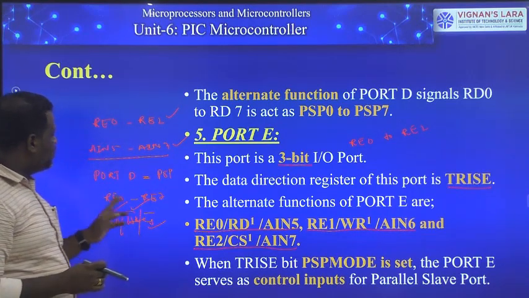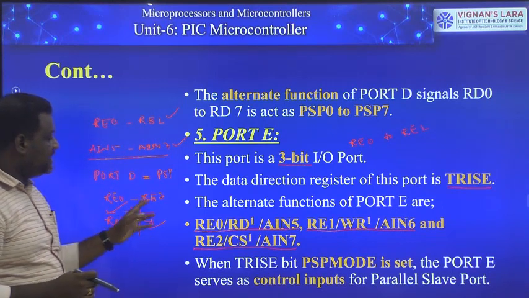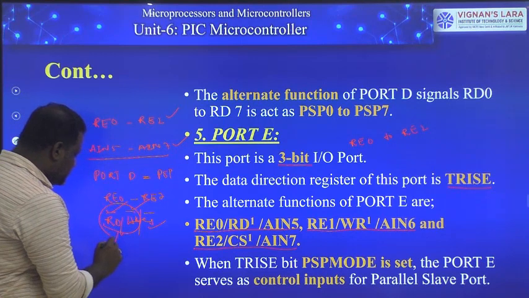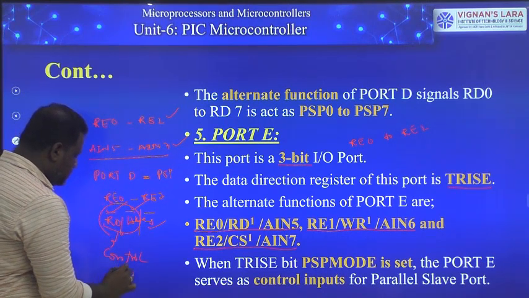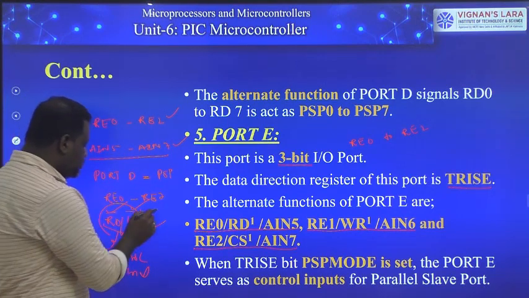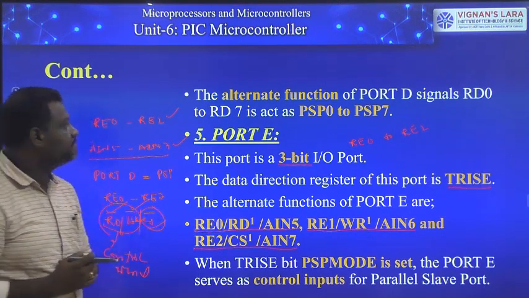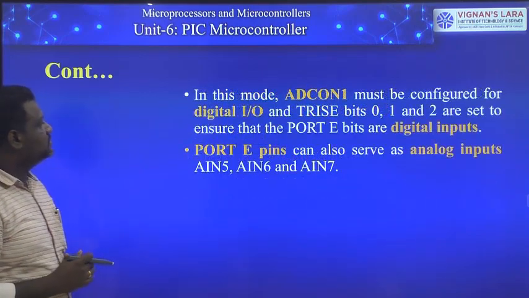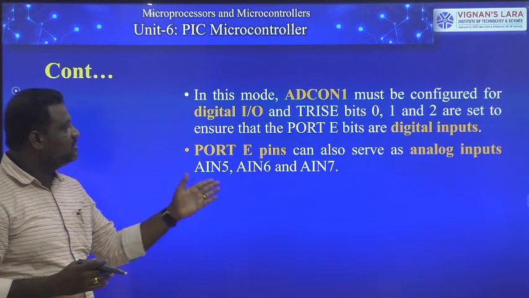So these port E signals RE0 to RE2 may act as control signals of port D when it acts as a PSP, along with the chip select signal CS bar. So you have to remember that.